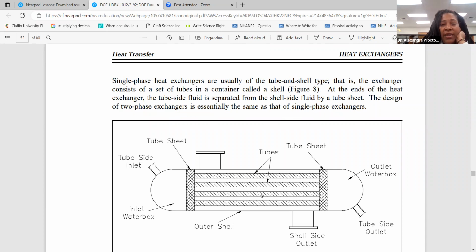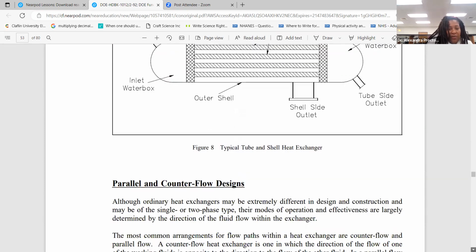Okay, and at the ends of the heat exchanger, the tube side fluid is separated from the shell side fluid by a tube sheet. And the design of the two-phase exchanger is essentially the same as that of a single-phase exchanger. Okay, so the difference between them is the phases of the fluid.